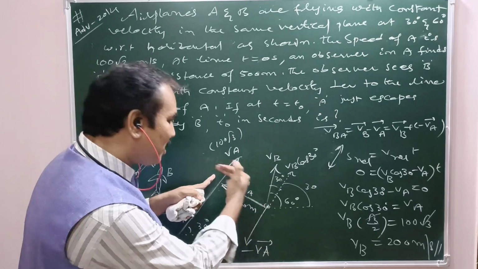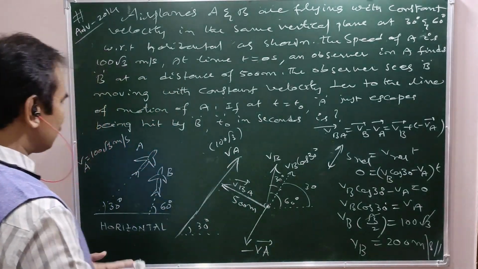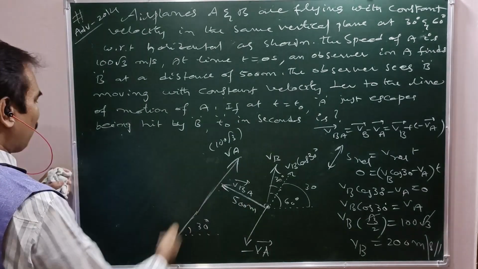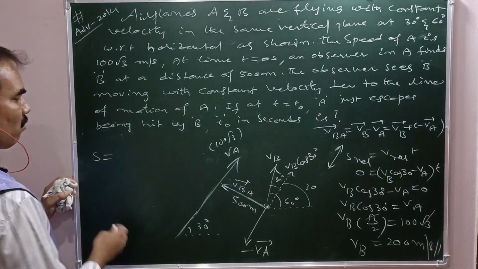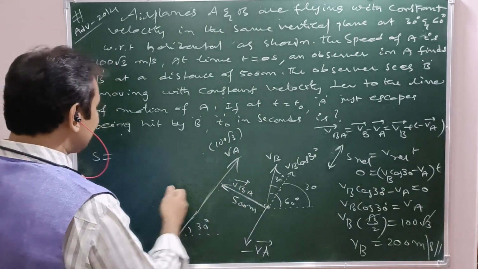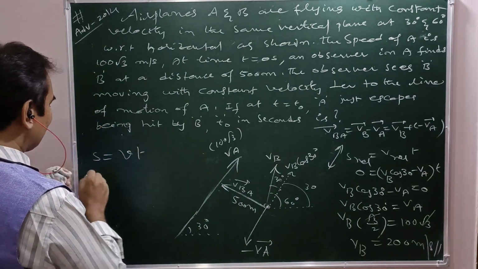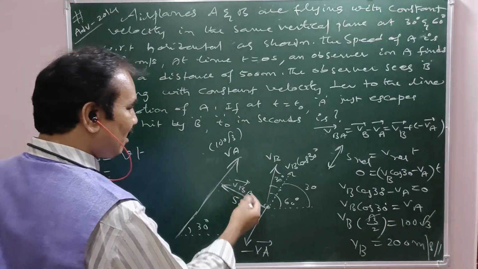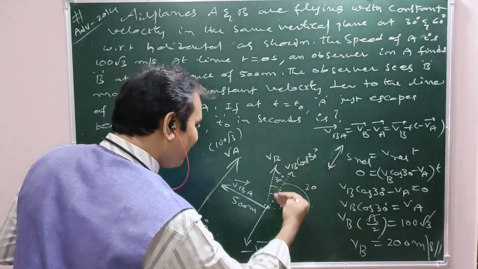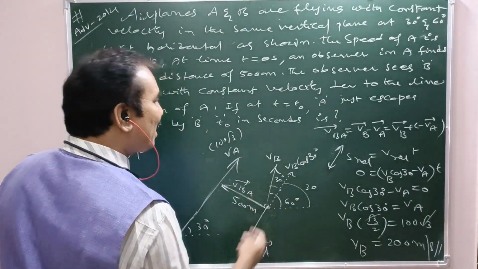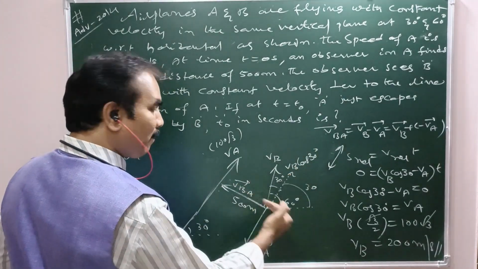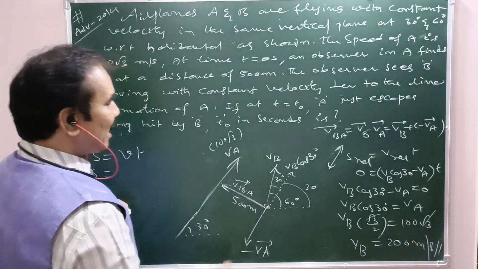So how to find this? S equals velocity into time, where S is 500. The velocity here: the parallel component of VB is VB cos 30, and the perpendicular component is VB sin 30.